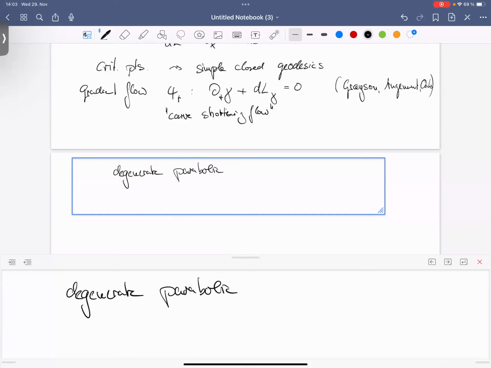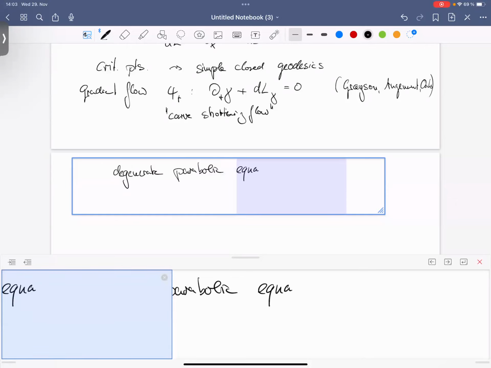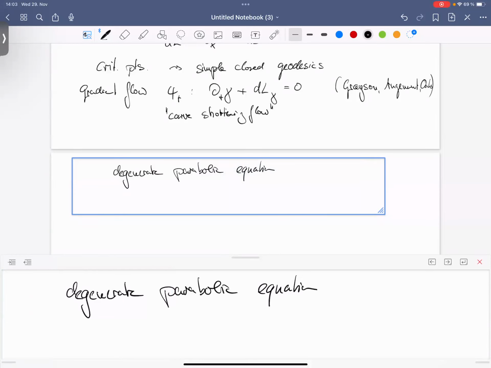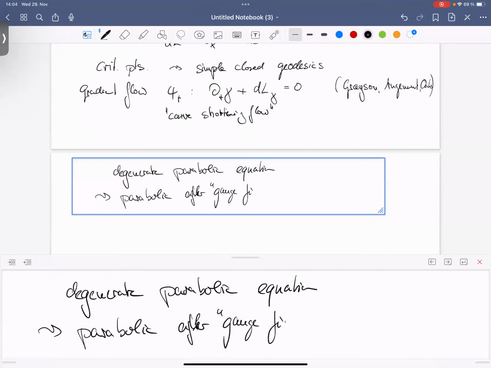This is a degenerate parabolic equation, but it is parabolic after gauge fixing. If you know a thing or two about Ricci flow, there it's called the DeTurck trick.